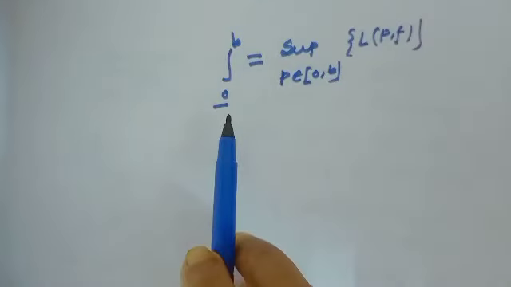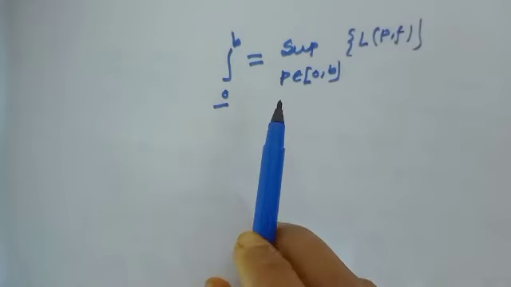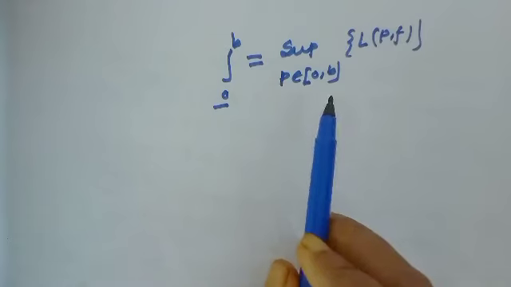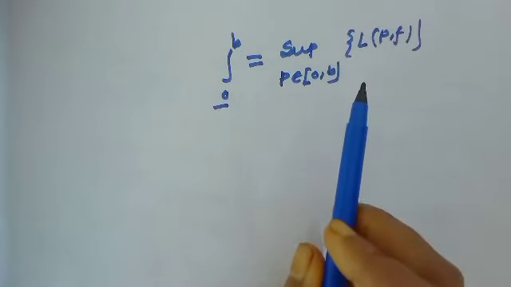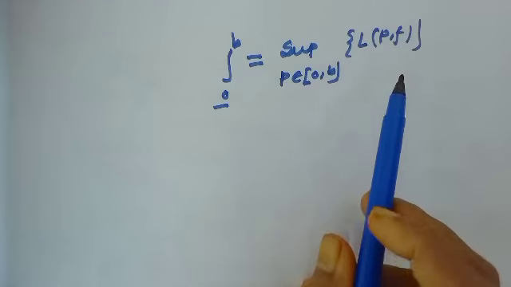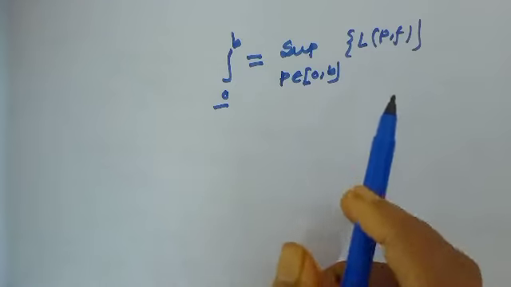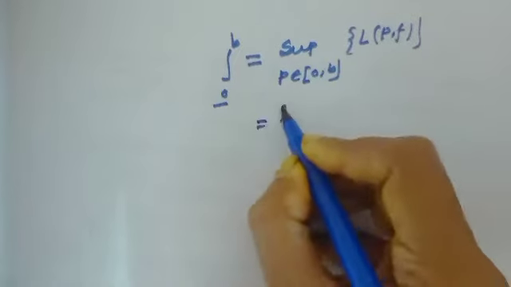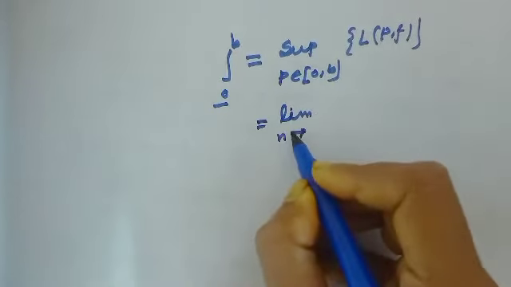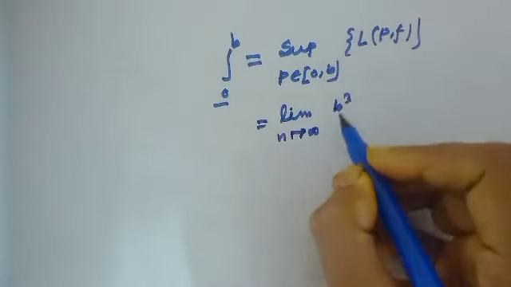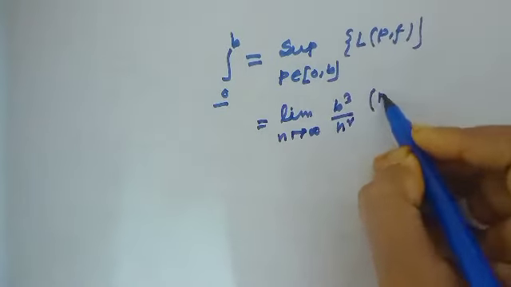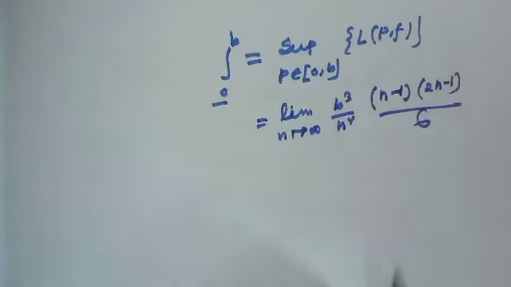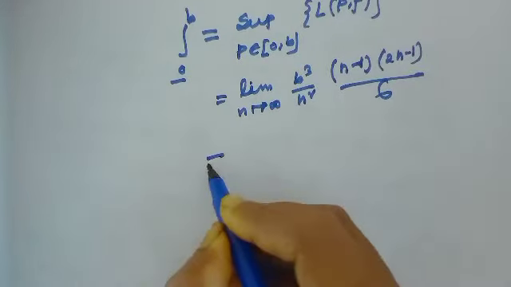The value of the lower integral would be, we all know, the supremum over P in the set of LPF, which we can also write as the limit as n tends to infinity of b cube over n square times (n minus 1) times (2n minus 1) over 6. That means we have to find this limit.